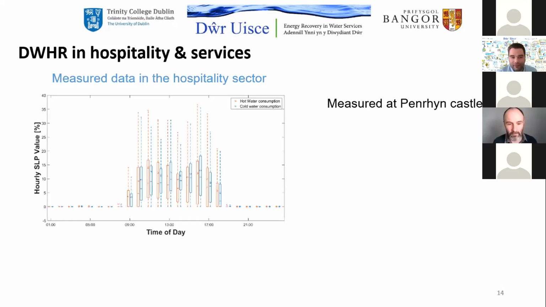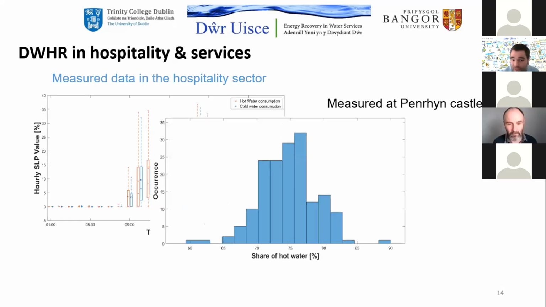This is not like wind or solar where we have no control at all, or where it's hard to predict. But in a way, we are not going to adapt our water use because we want to recover heat from the sewer or from the wastewater. So we observed this profile at Penryn Castle, and we saw that around 75% of this heat is hot water.